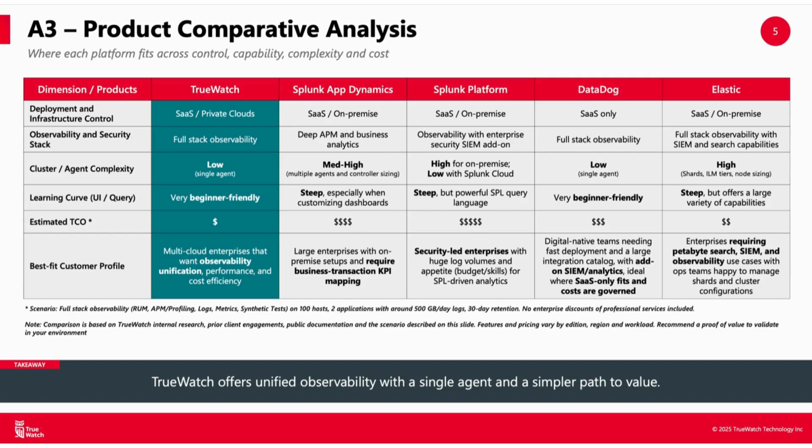TCO is also much lower for observability use cases compared to the rest. And in terms of customer profile, we are looking at customers with multi-cloud enterprises, because we are so-called born in the cloud, and we support a lot of cloud native deployments and integration, right? So this is where TrueWatch will stand out with the other competitors.